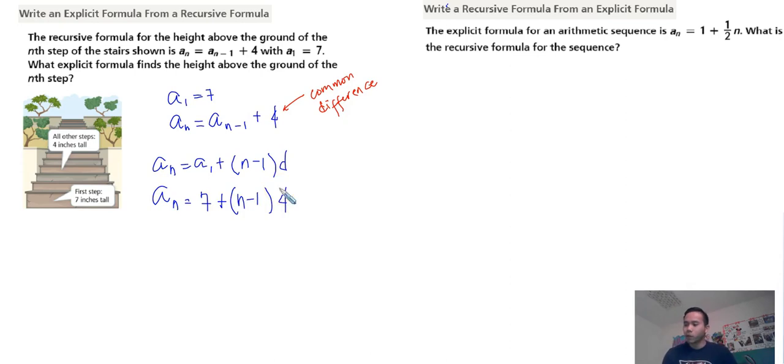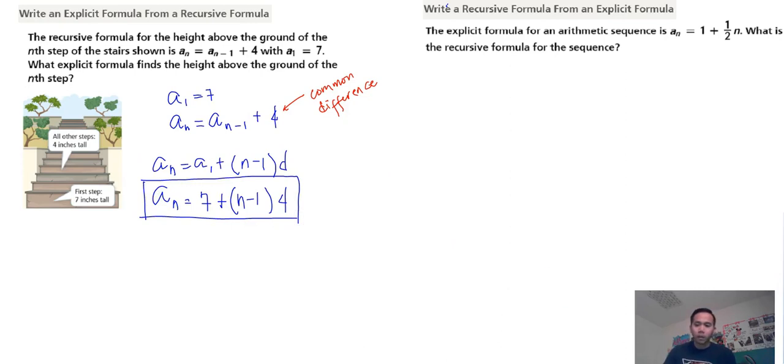So we substitute 7 for a1 and 4 for the common difference. Thus, the explicit formula you can use is a sub n is equal to 7 plus the quantity n minus 1 times 4, which can be used to find the height above the ground of the nth step. If you want to simplify, you can, but I'll stay with this one.